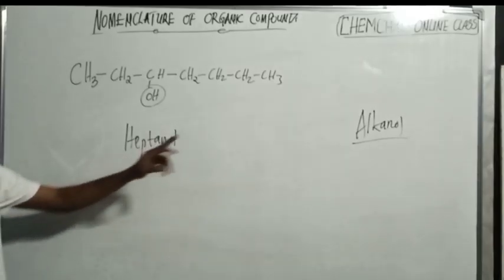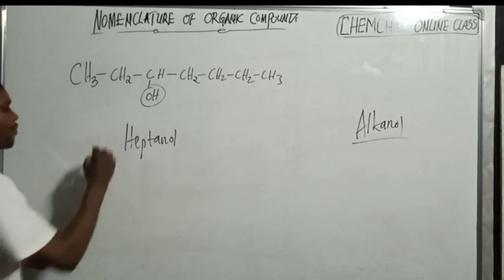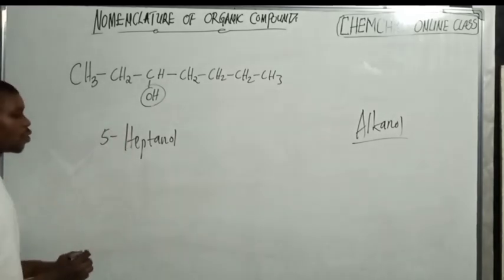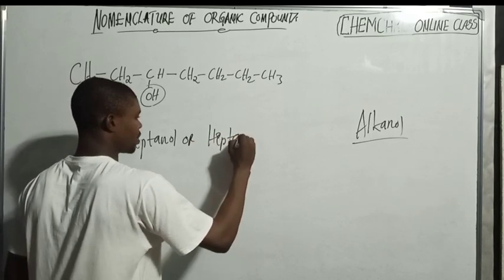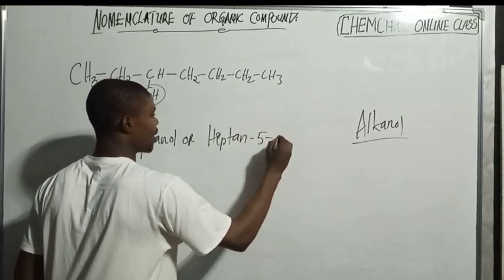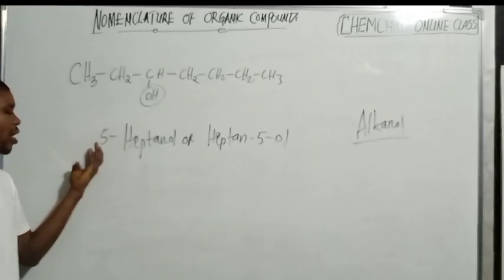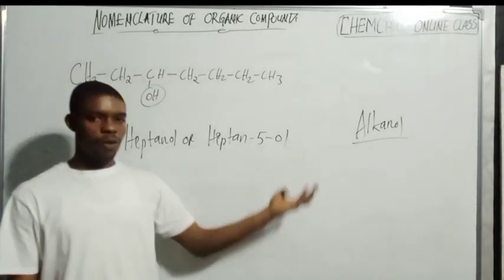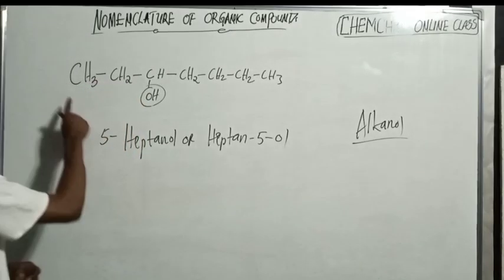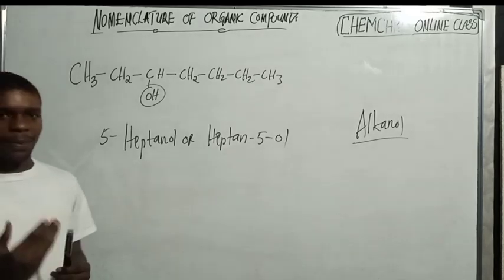So when I start from here, 1, 2, 3, 4, 5, here we have 5-heptanol, or you can say hepta-5-ol. These two are the same. But when you start from the other end, 1, 2, 3, the carbon atom that carries the OH is carbon 3.